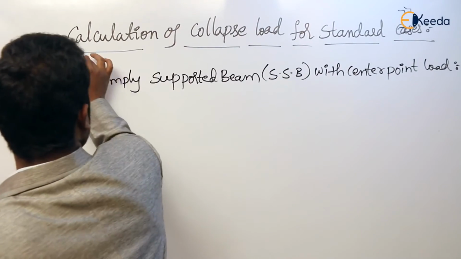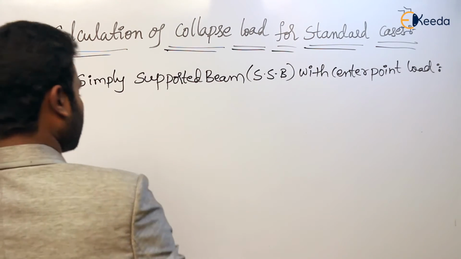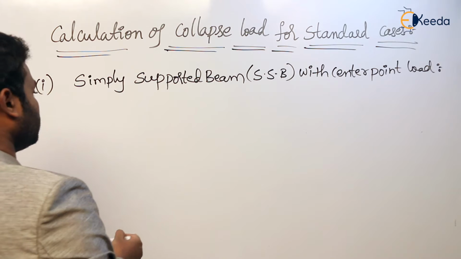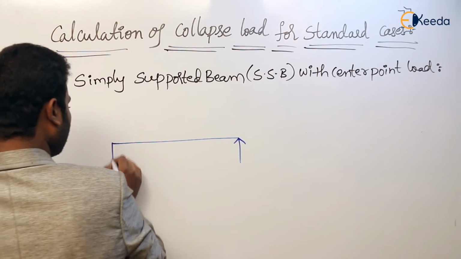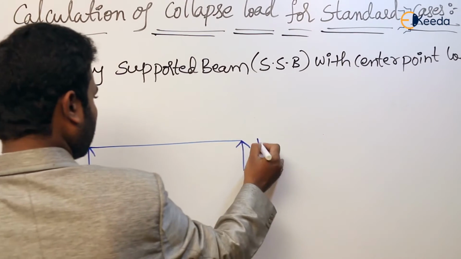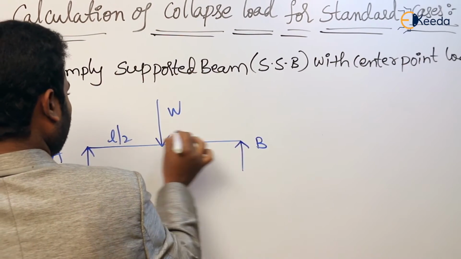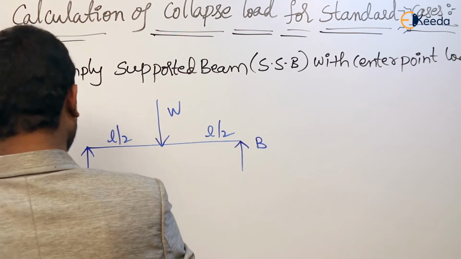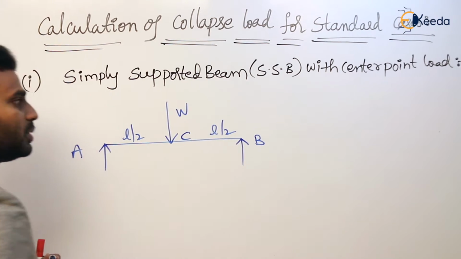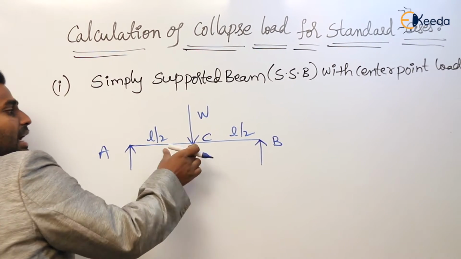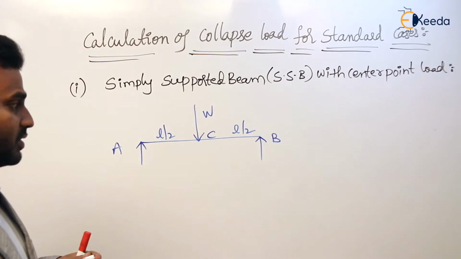So this is a simply supported beam. The center is at C. So ACB is a simply supported beam with center point load. The total span is L and the load is placed at L by 2 from A and L by 2 from B.